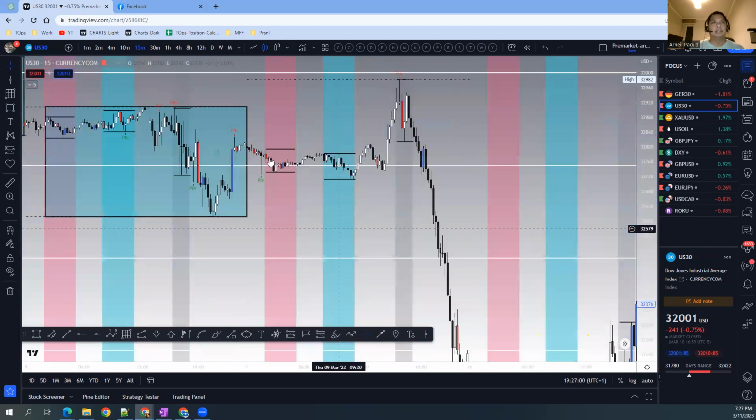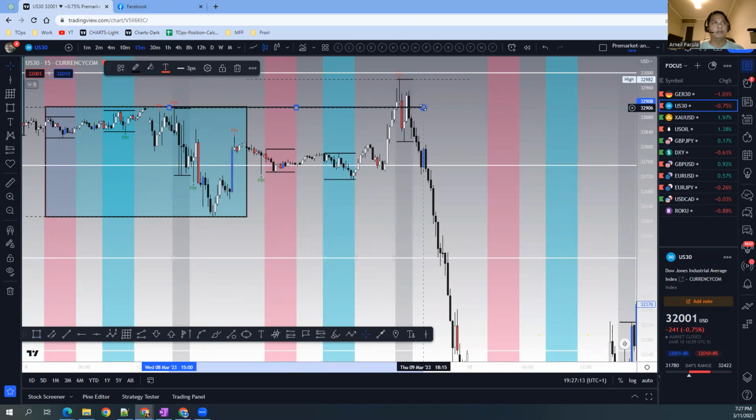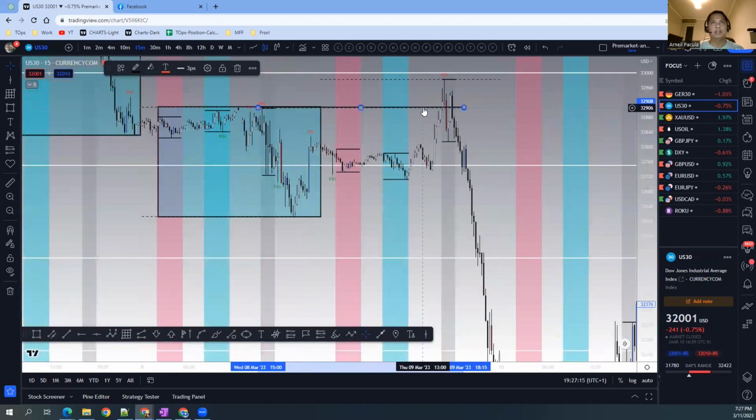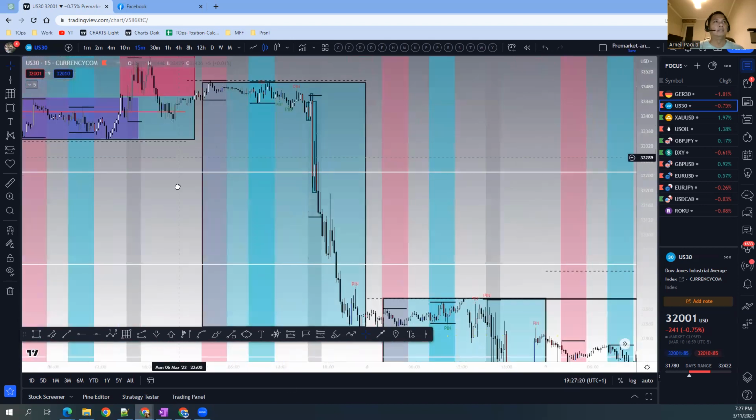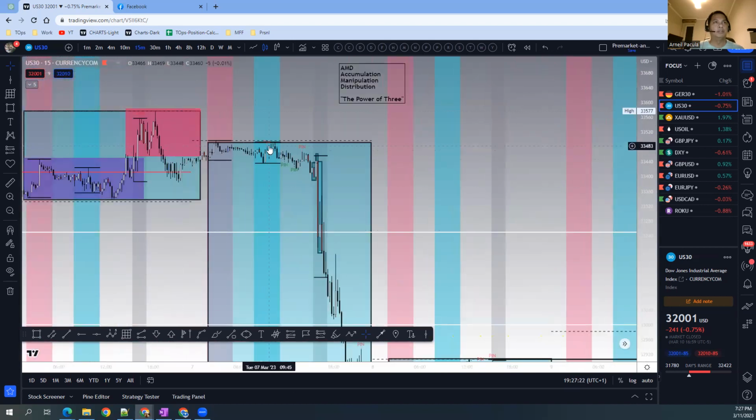And here it is again. Again, bearish still. Bearish pa rin tayo kay US30. Accumulation, manipulation. So in my strategy, I always wait for a break of the previous day high. Here, did we wait for the previous day? No, here there's no break.